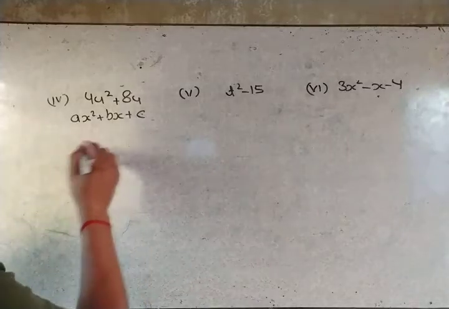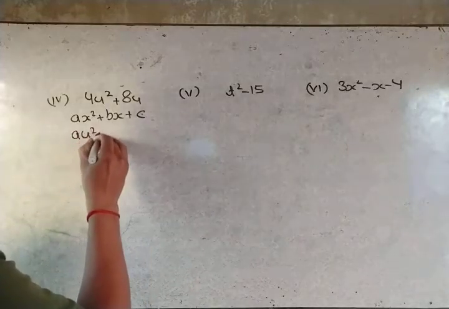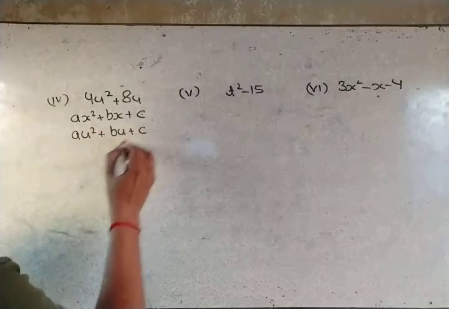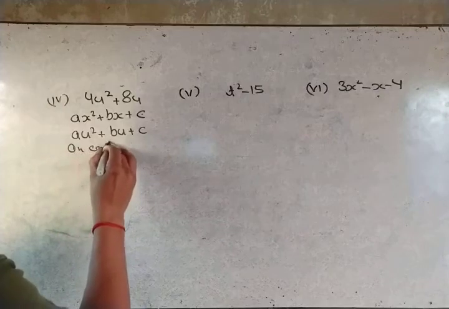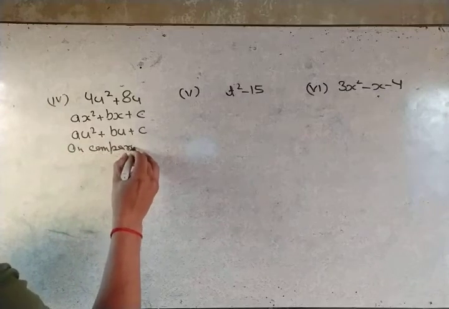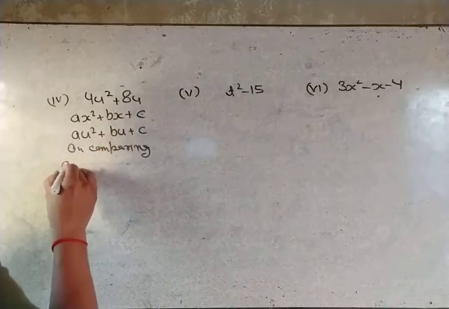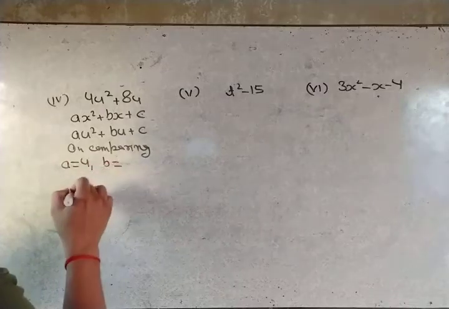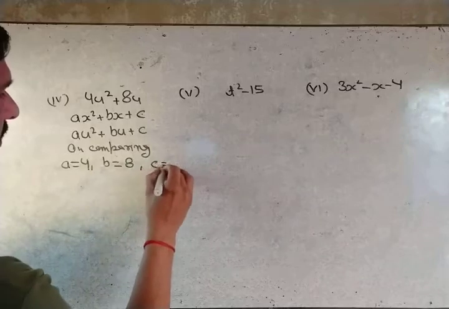So you can also take the equation like this: au square plus bu plus c. On comparing the coefficients of u, you will get a is 4, b is 8, while c is 0.